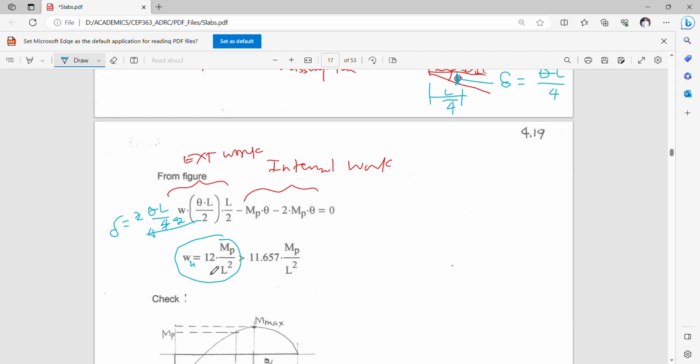calculated, which is 12 Mp over L squared, slightly greater than the previous one that we have derived using elastic procedures.